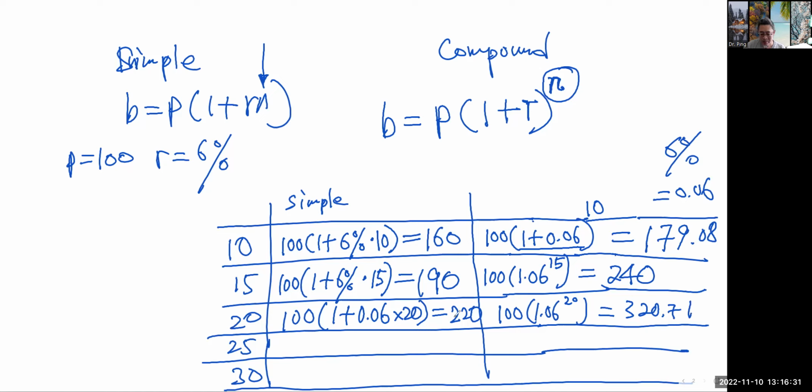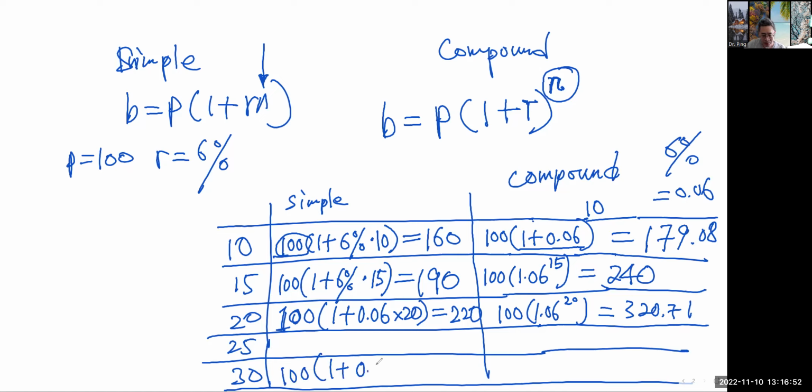It's about a 100 difference. Also remember, your deposit is only 100, but with compound interest you actually got over 200 more after 20 years. Now, how about 30? We can skip 25 and go to 30.